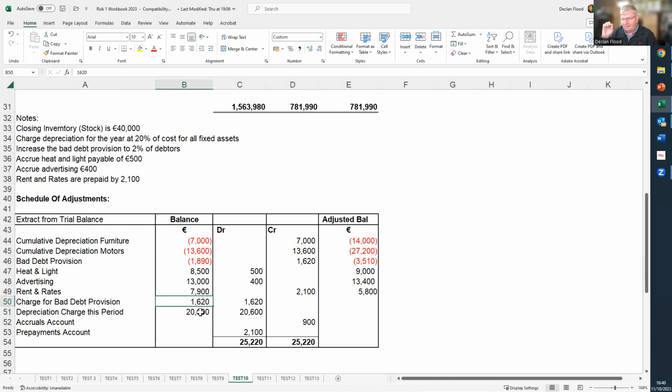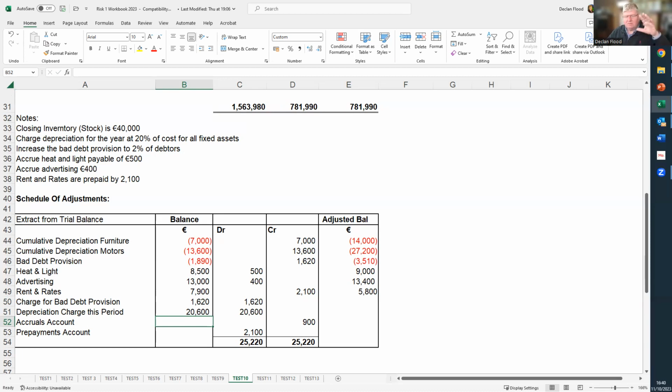I need to put in 1,620 for my provisions, and I also need to reduce my expenses. So that means that when I produce my set of accounts, it gives an accurate profit and loss for this year. And it also gives me an accurate balance sheet in terms of the valuation of the assets that I have. So that's question 10 in the workbook.